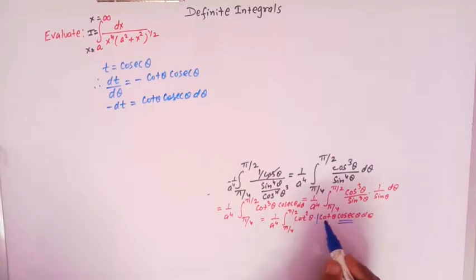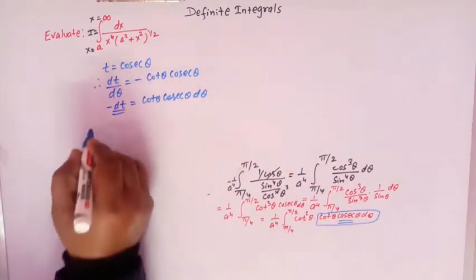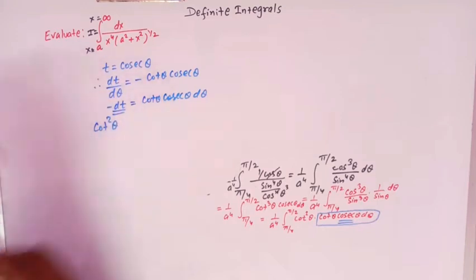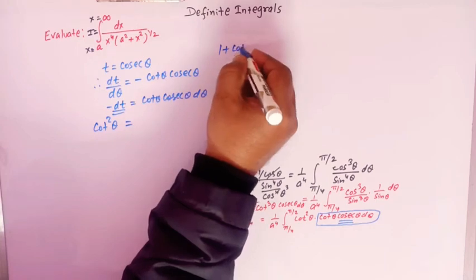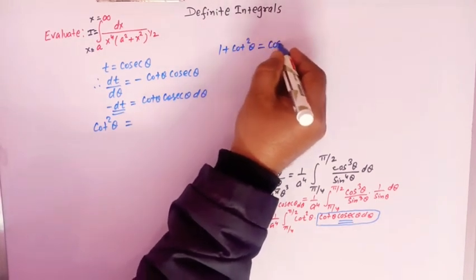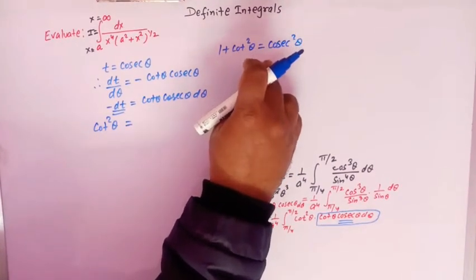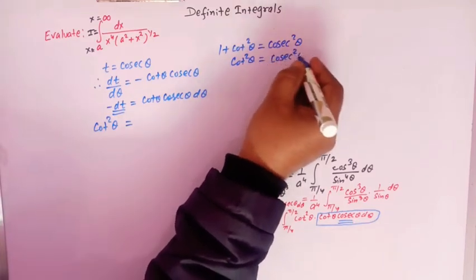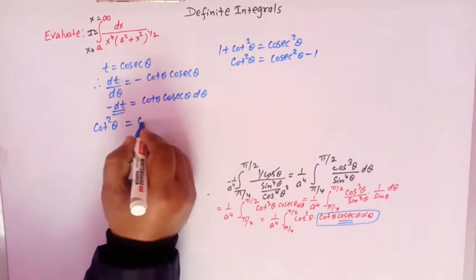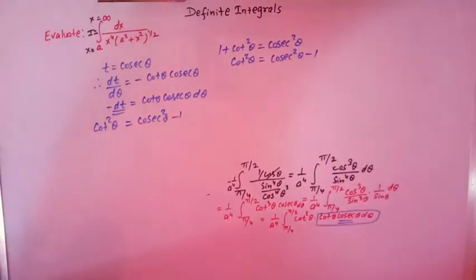So for this term we can write minus dt, and for this cot square theta we can use the identity which says that 1 plus cot square theta is equal to cosec square theta. This is the famous trigonometrical identity, and cot square theta is equal to cosec square theta minus 1, right? So here we have cosec square theta minus 1.